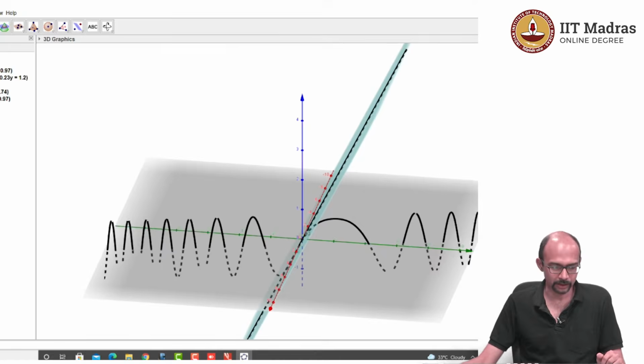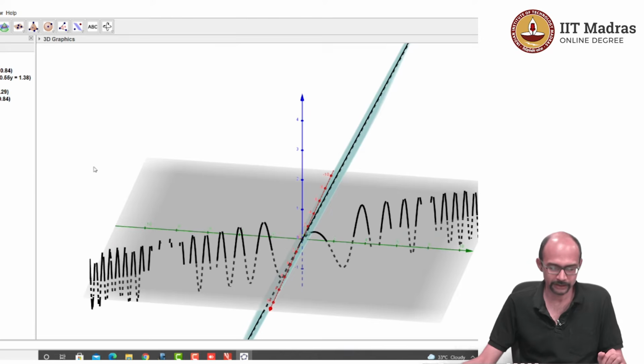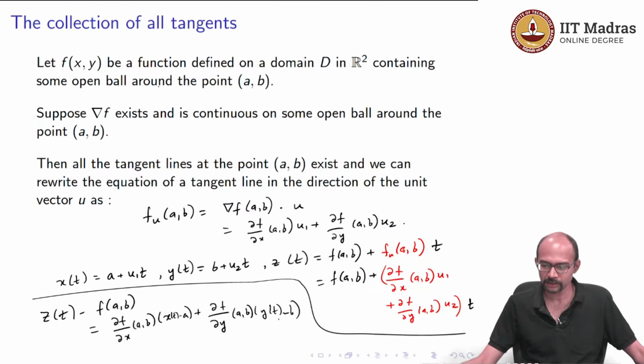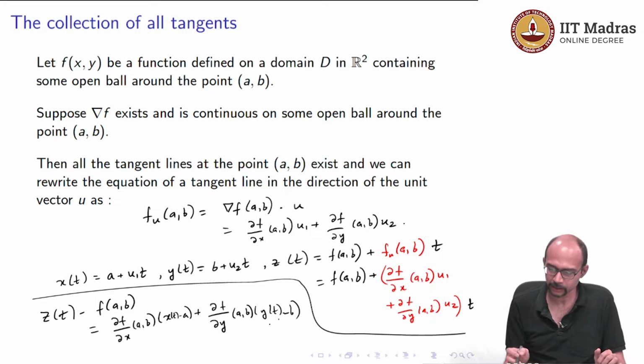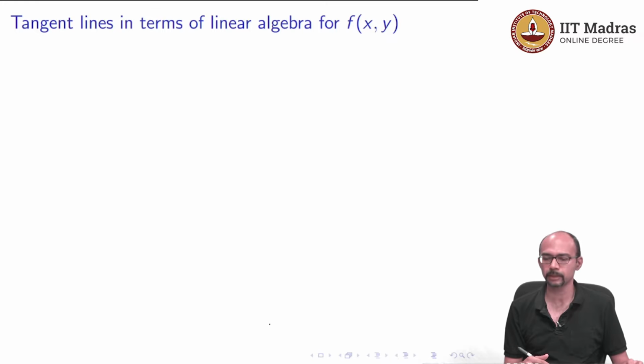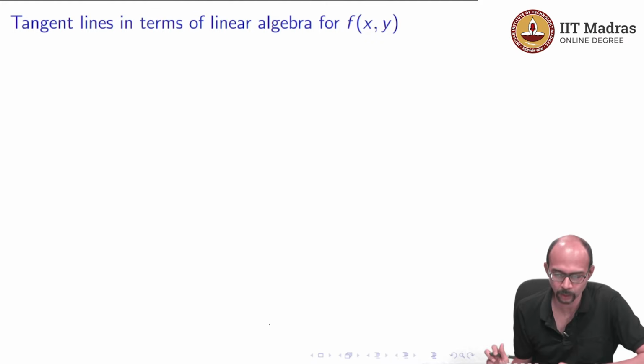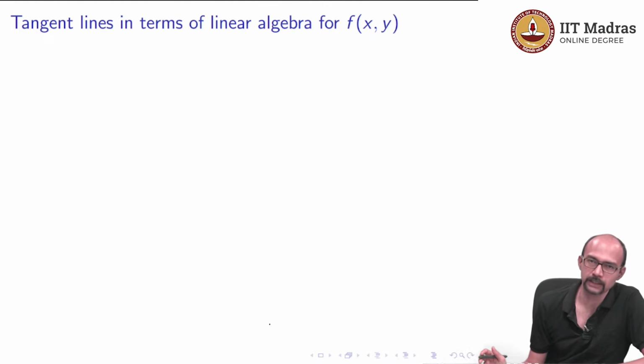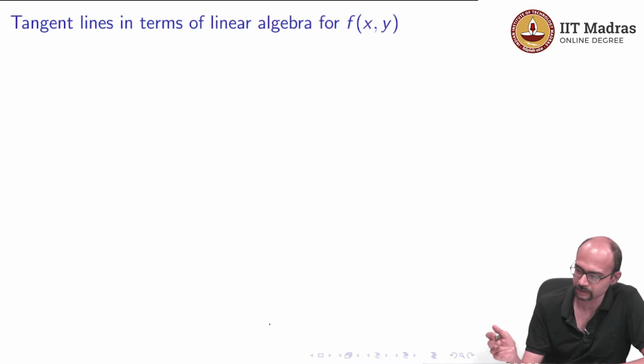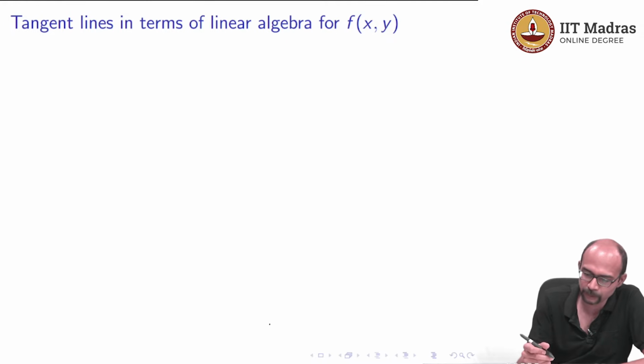So, this is just a demonstration to say that all of these tangent lines lie on a particular plane, and which plane is that? That is exactly the equation of the plane that we have written down here. So, let us look at the tangent lines in terms of linear algebra. So, what one means by this is that we can view them as affine flats.